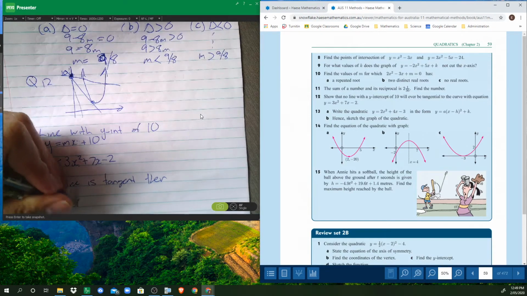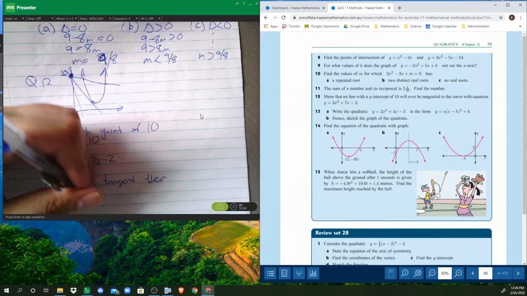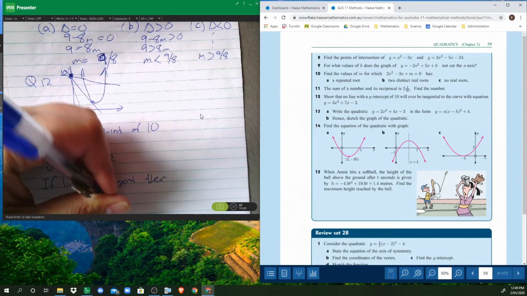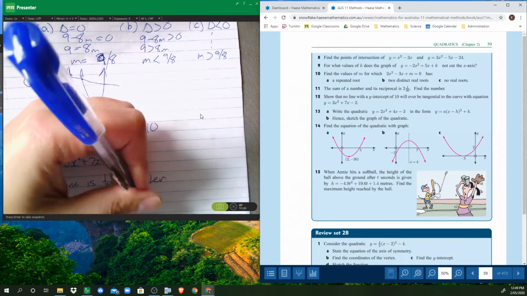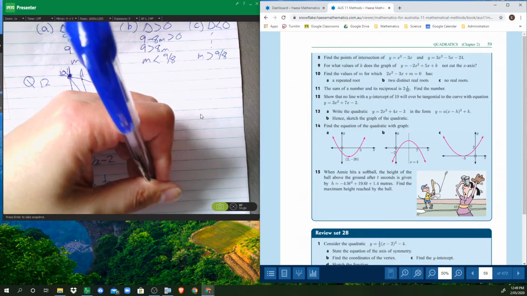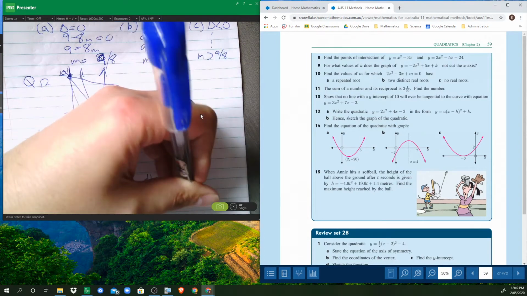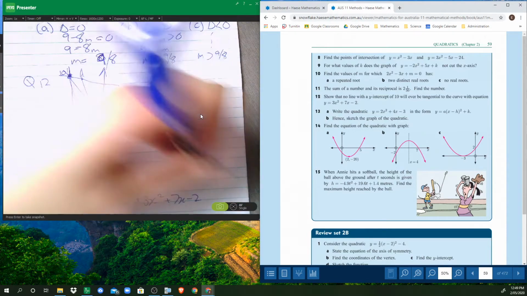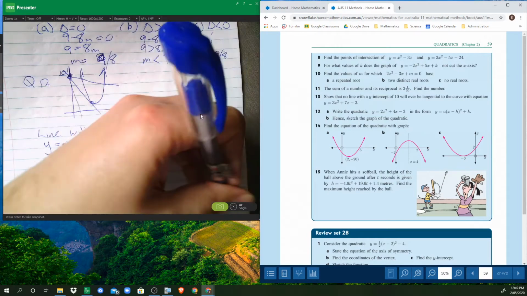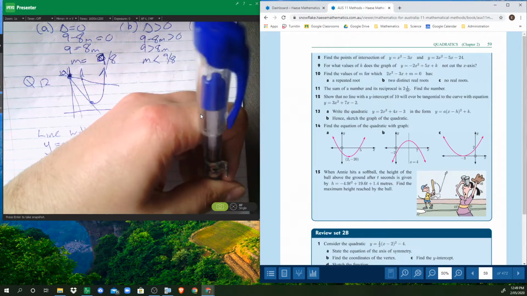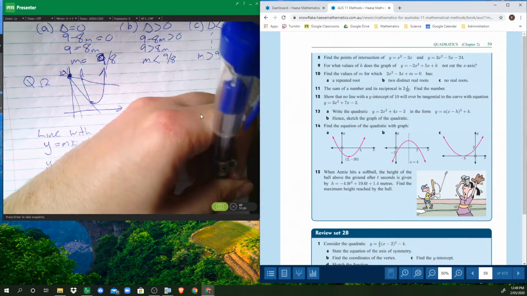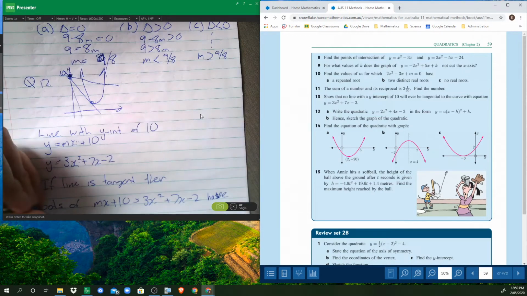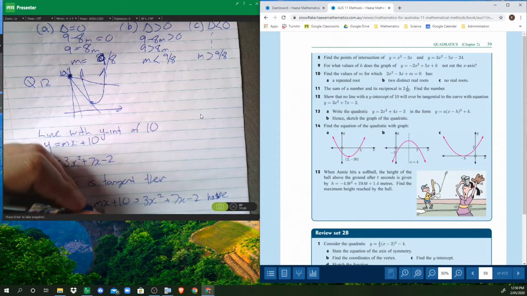Roots of mx plus 10 equals 3x squared, 7x minus 2, have one repeated solution.